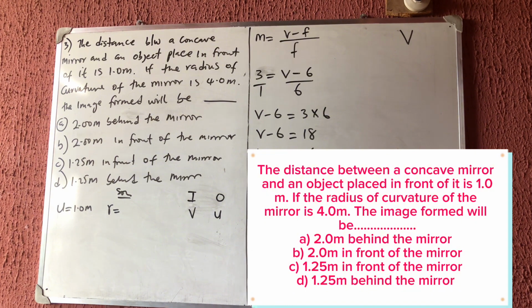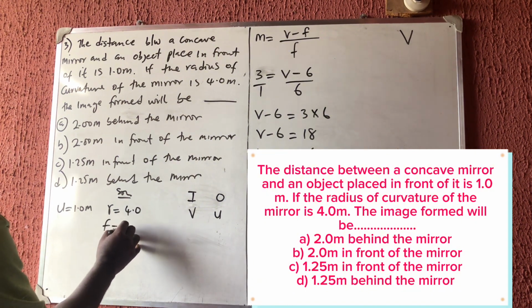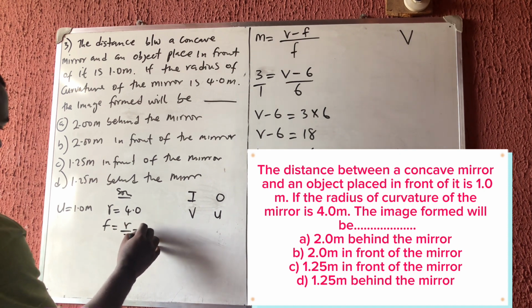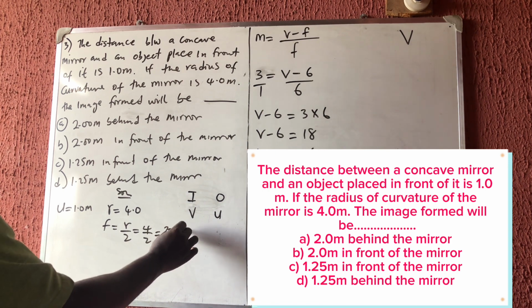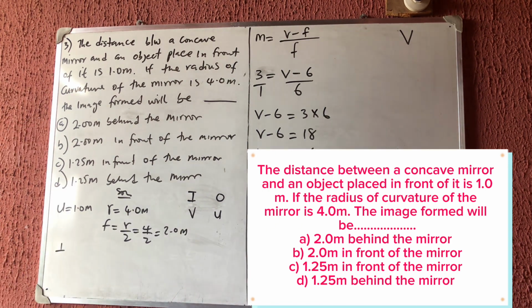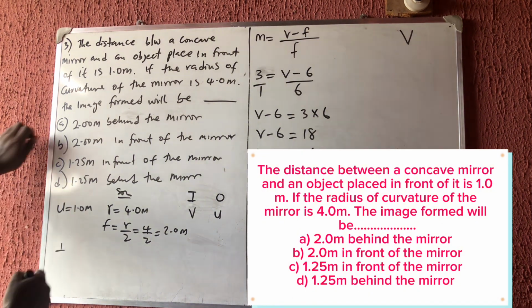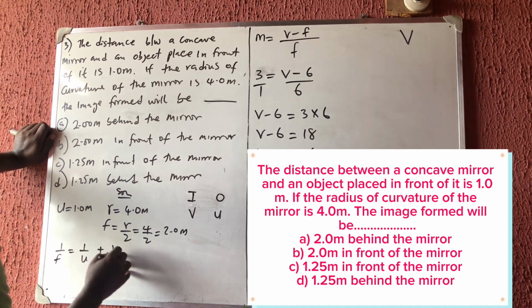So my R is 4.0, which automatically shows that my F is half of my R, which is 4/2, which is 2.0 meters. So they're asking me where the image will be. First of all, let me find the distance of the image. I know that 1/f is equal to 1/u plus 1/v.